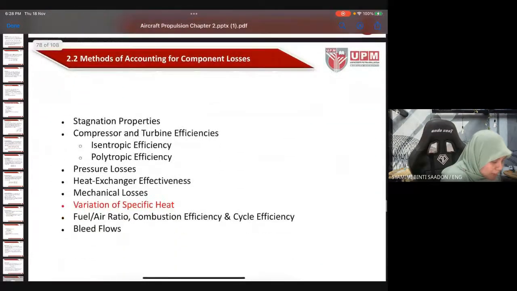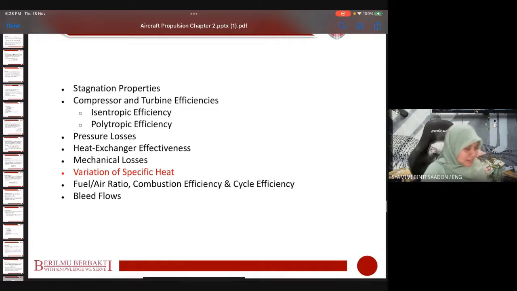And then another factor is the variation of the specific heat. Before this, we always assumed the specific heat C_P, remember C_P is in joule per kilogram per Kelvin. It is the amount of heat energy that needs to be given per kilogram in order to raise the temperature by 1 degree.